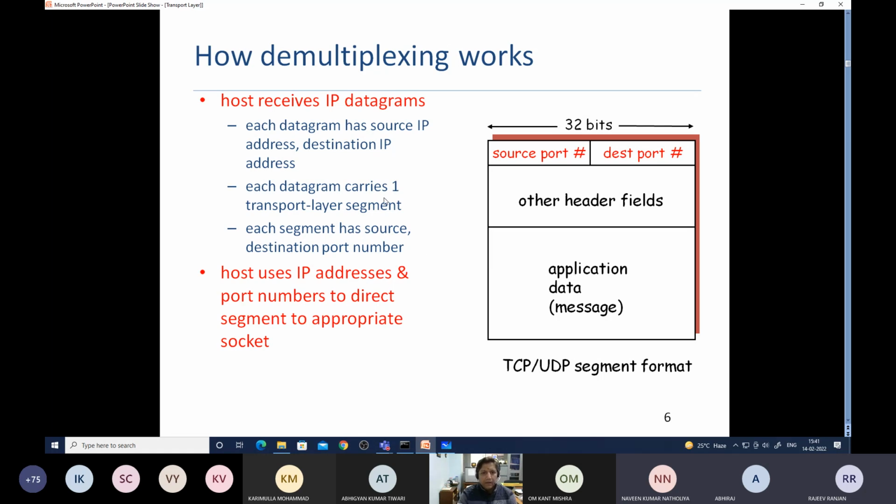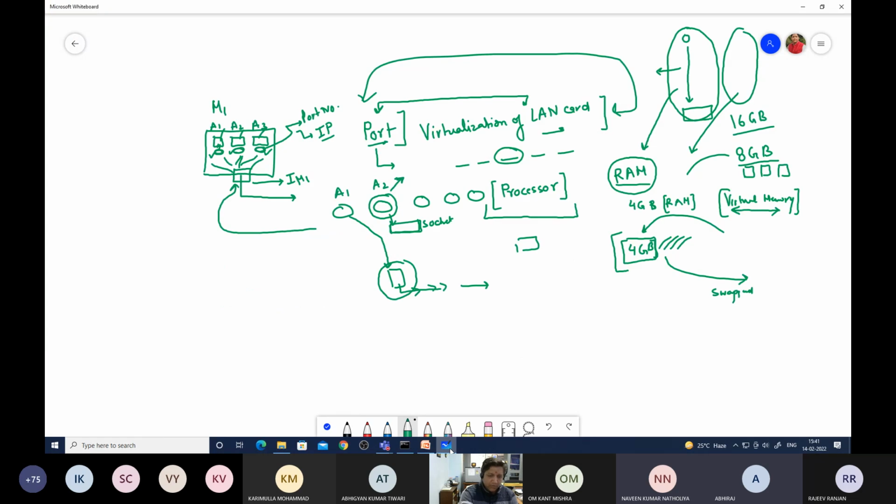Each datagram carries one transport layer segment, and each segment has a source port and destination port number. Just for revision, a packet will be generated at the application layer. Suppose it is an HTTP packet, so the HTTP header would be there.